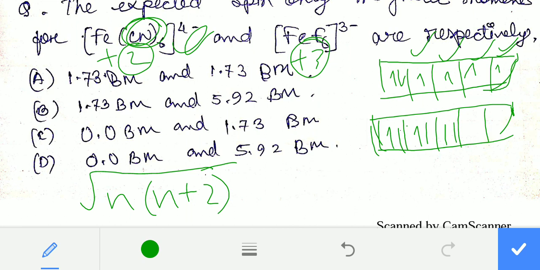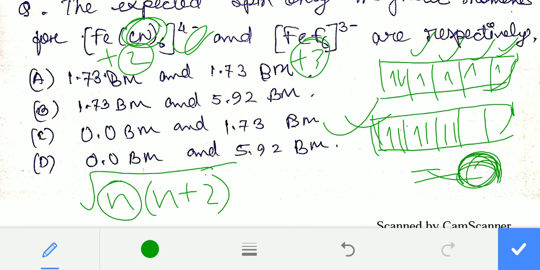So all the 6 electrons in the 3d6 orbital will be paired up, and there will not be any single electrons present in the orbital. So putting 0 in place of n, we get that the magnetic moment for Fe(CN)6 4 minus will be 0.